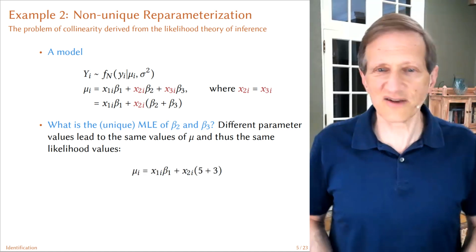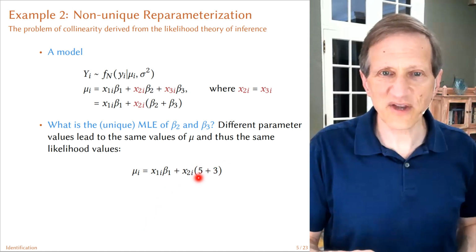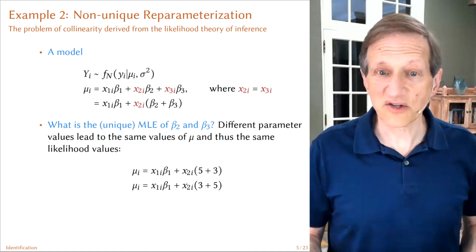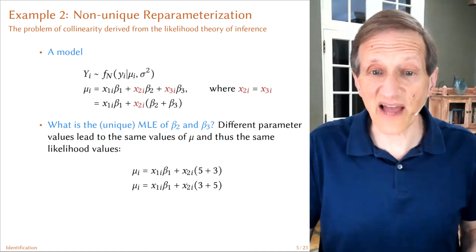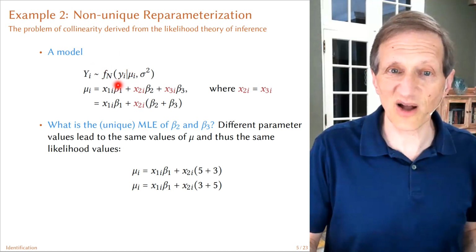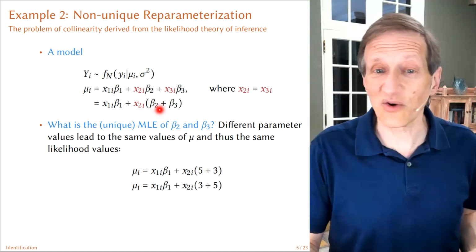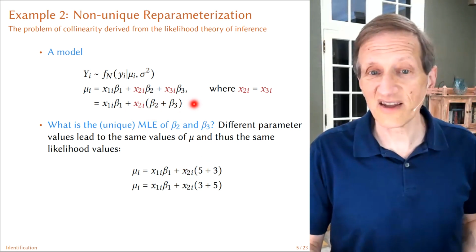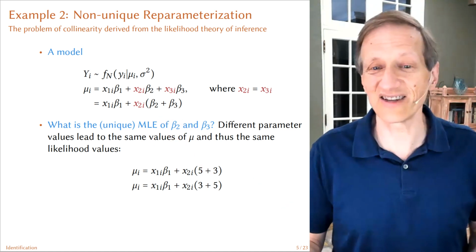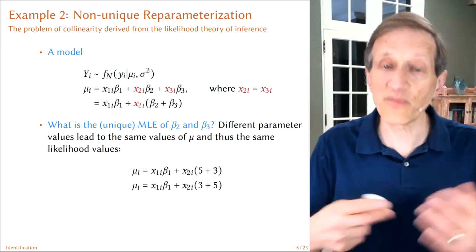And so here's an example. If we substitute in 5 here for beta 2 and 3 here for beta 3, it turns out we're going to get the same value of the likelihood, the same value of mu, and therefore the same value of the log likelihood when we substitute it into the systematic component. So whatever beta 2 and beta 3 are, you can swap them and you're going to get the same likelihood. So that's an example of a non-unique reparameterization.